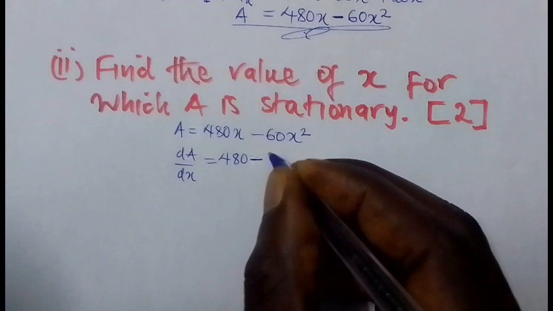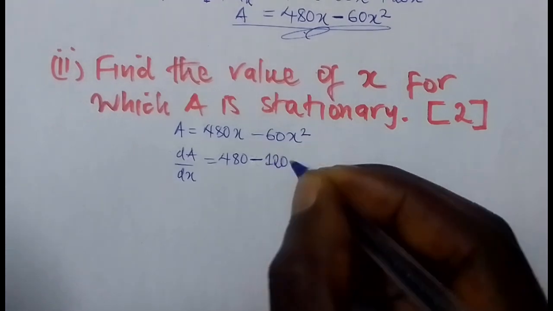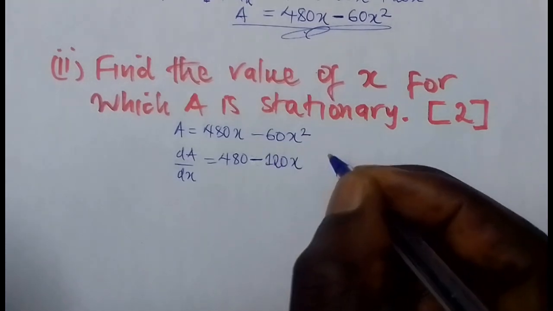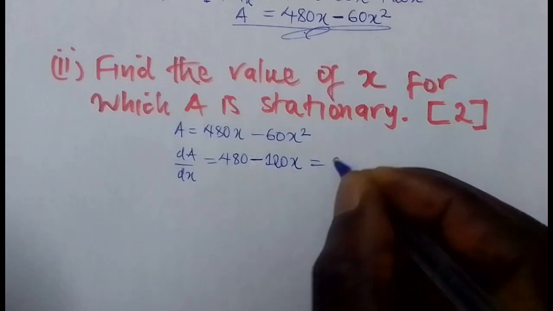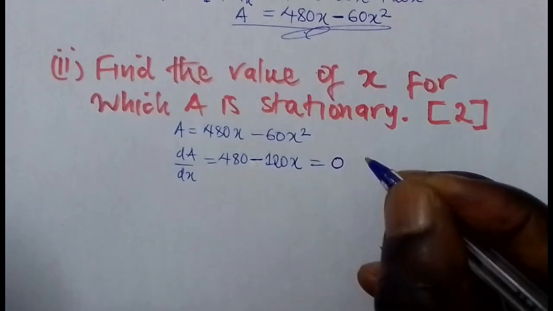So this is 120x. All this is equal to 0 if A is stationary.